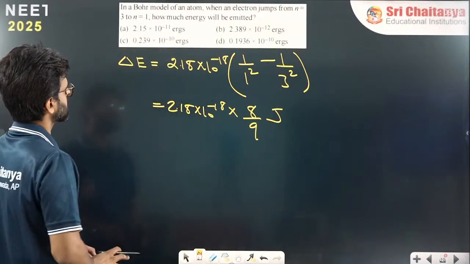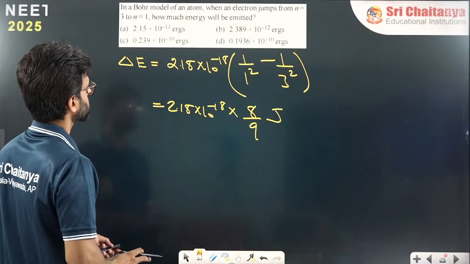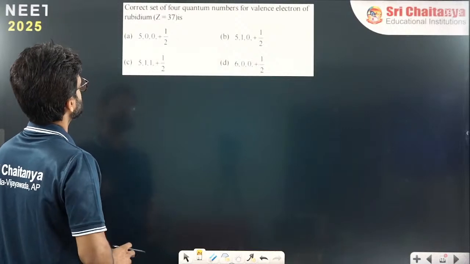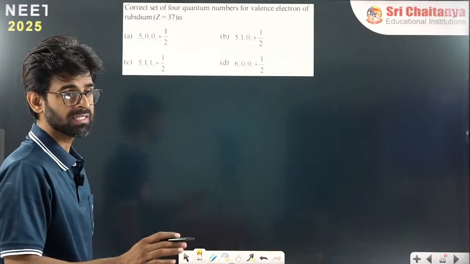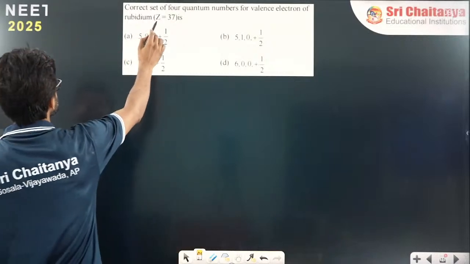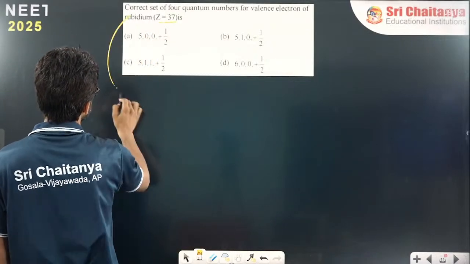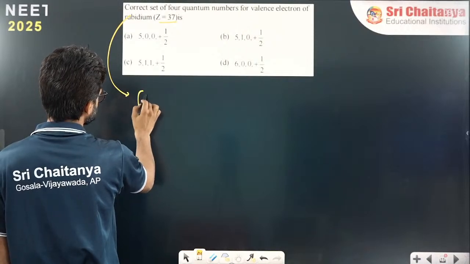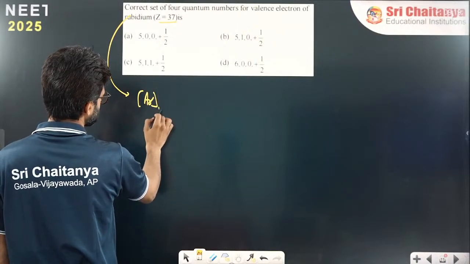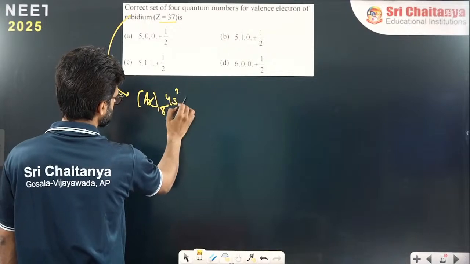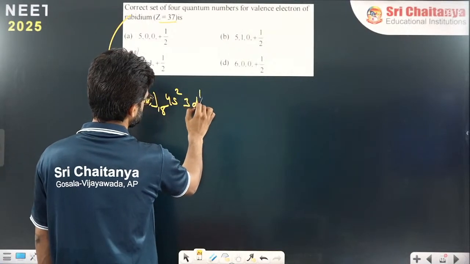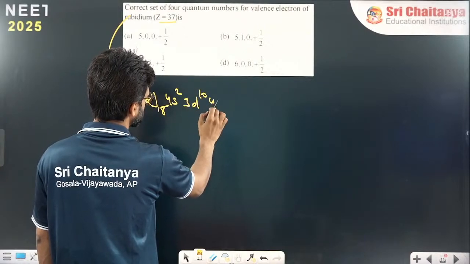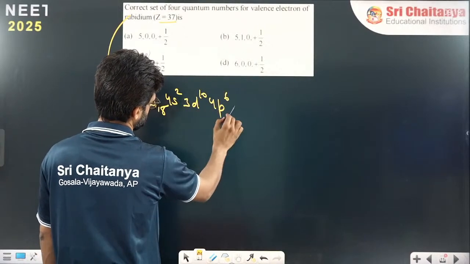The next thing, if I say correct set of 4 quantum numbers for the valence electron of Z equal to 37. Let us see how we can write it. It's argon 18, 4s2, 3d10, that's 30. Now if you go further, it's 4p6, that's 36.